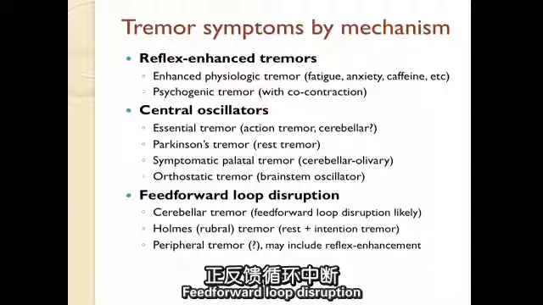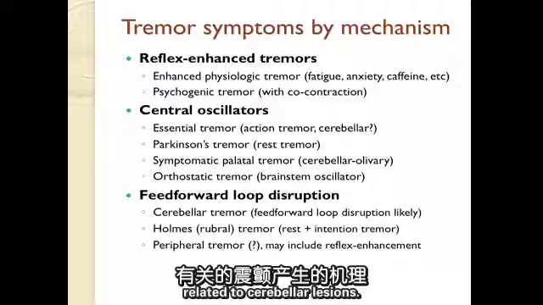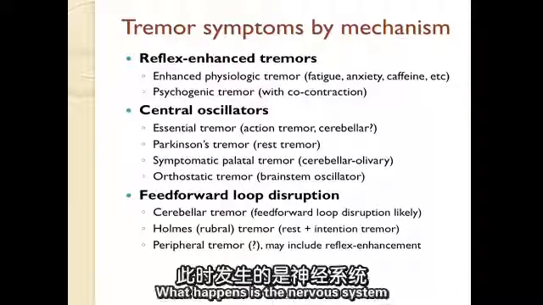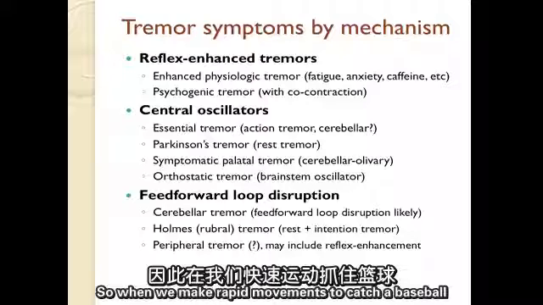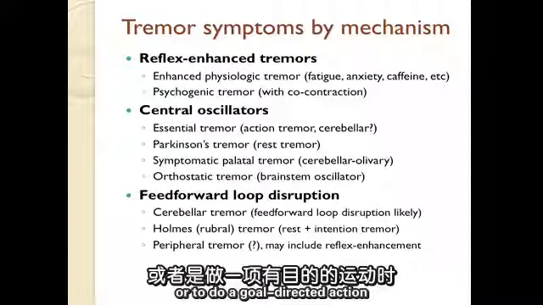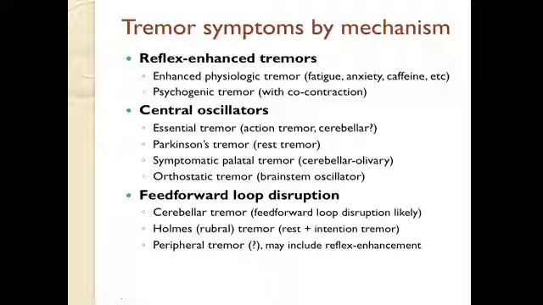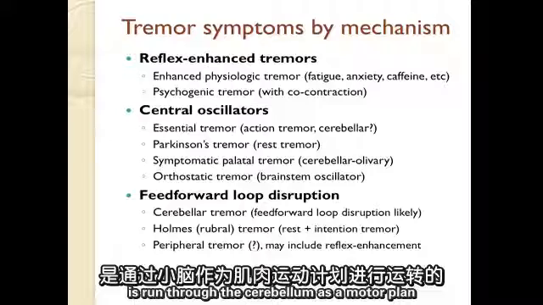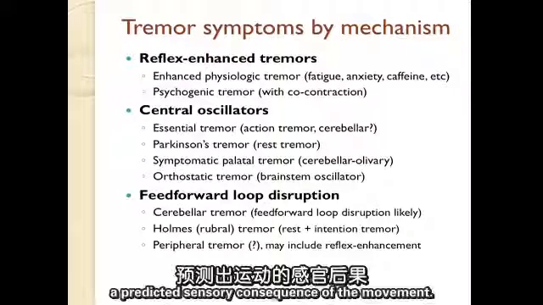Feed-forward loop disruption is probably the major mechanism of tremor related to cerebellar lesions. What happens is the nervous system operates efficiently with feed-forward control. So when we make rapid movements to catch a baseball or to do a goal-directed action, the motor plan that we execute is run through the cerebellum as a motor plan, and the cerebellum helps create a predicted sensory consequence of the movement.